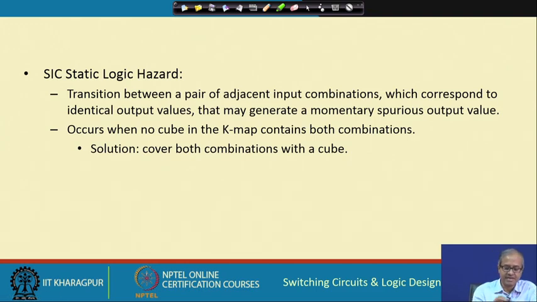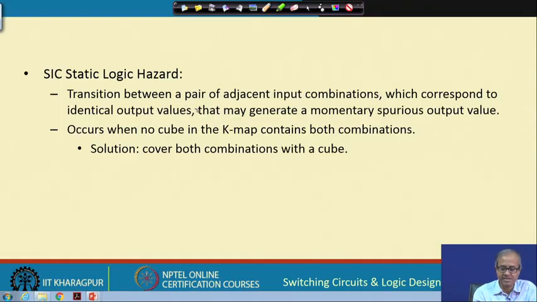Talking about static logic hazard, as I had said in the example, it is a transition between a pair of adjacent input combinations which correspond to identical output values. In the example, it was 1, it remained 1.